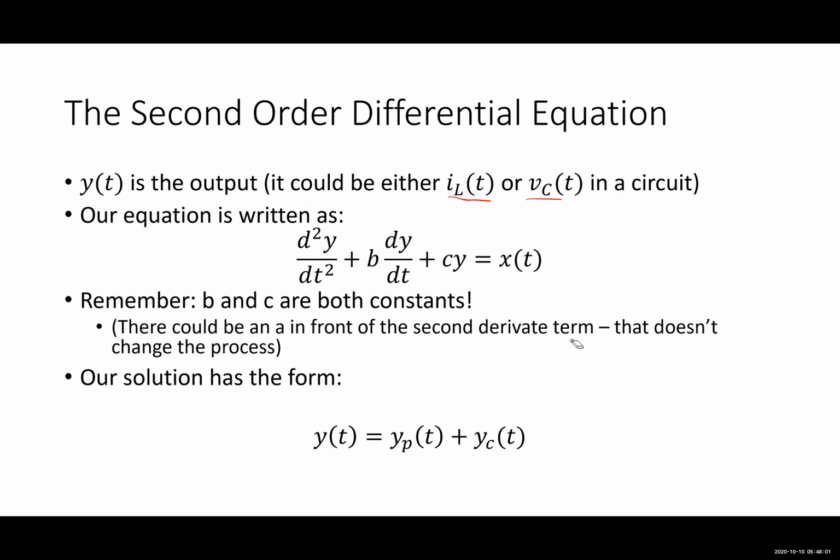Now, in general, our solution has the form yp of t plus yc of t, where yp of t is the steady state solution that solves the particular equation, and yc of t is the complementary solution, or transient solution, that solves the homogeneous equation.